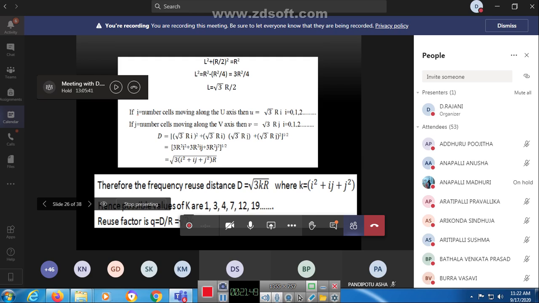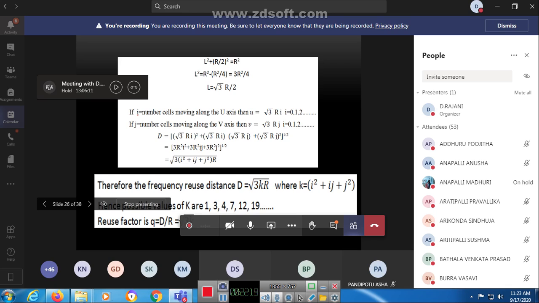If i is the number of cells moving along the u axis, then u is equal to square root of 3 into r into i. Similarly, if j is the number of cells moving along the v axis, then v is equal to square root of 3 r into j, where i is equal to 0, 1, 2 and so on.